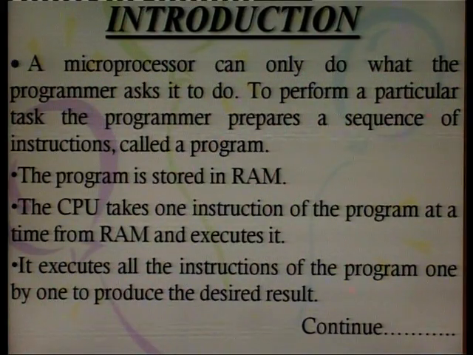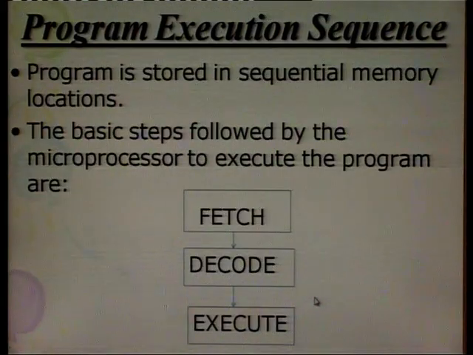Then the CPU takes one instruction of the program at a time from the RAM and executes it. It executes all the instructions of the program one by one to produce the desired result.